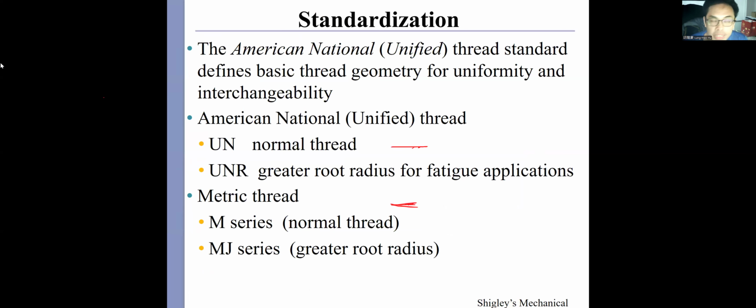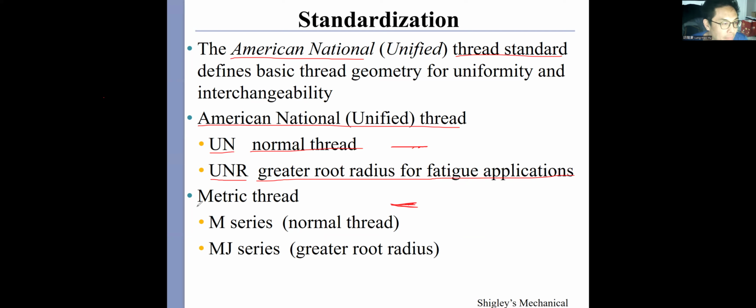Okay, for the standardization of the threads, the American National thread standard defines a basic thread geometry for uniformity and interchangeability. The American national threads are abbreviated as UN, which is the normal thread in English units, or UNR, which represents the greater root radius for fatigue application, also in English units.